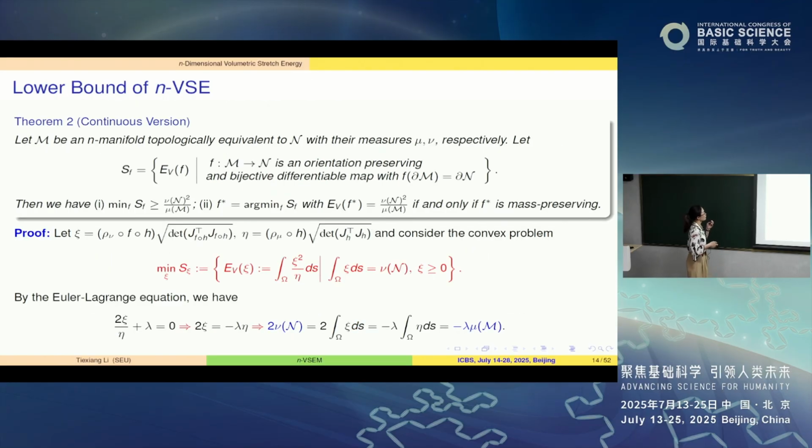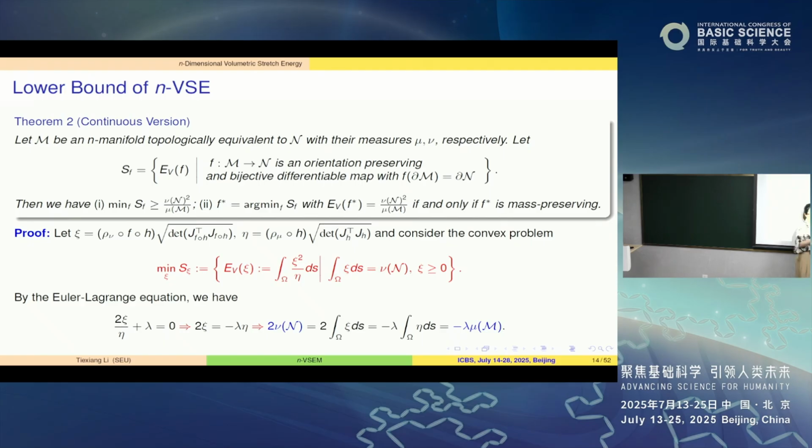Okay, let's go on. We have a main result for the continuous version. Here we define a set S_F of all the energies, and we require F to be an orientation preserving and bijective differentiable map with the boundary condition.